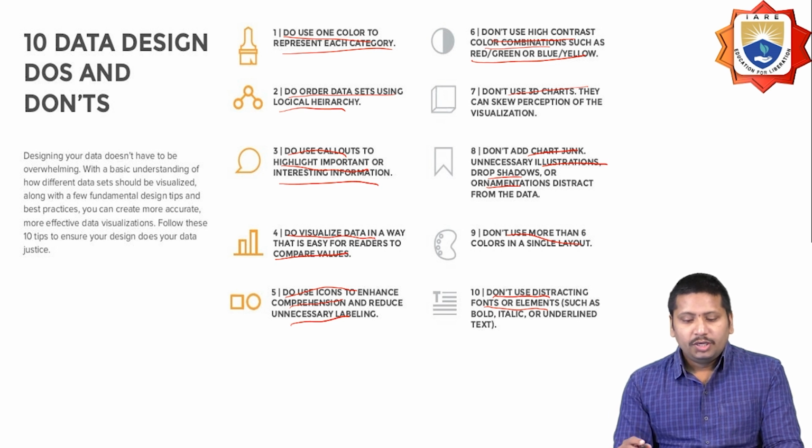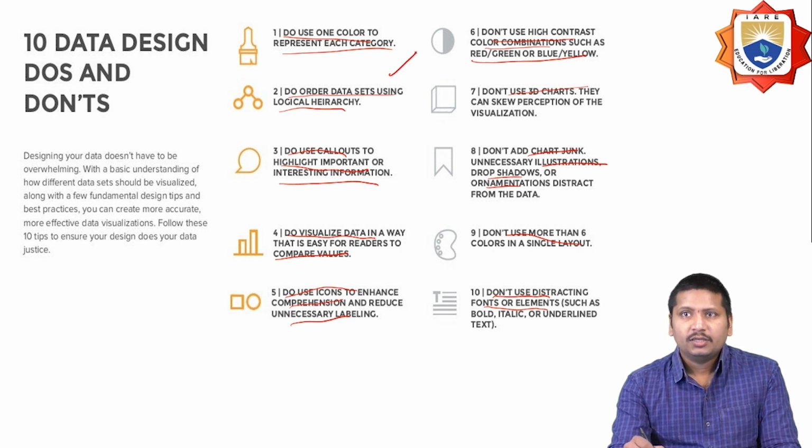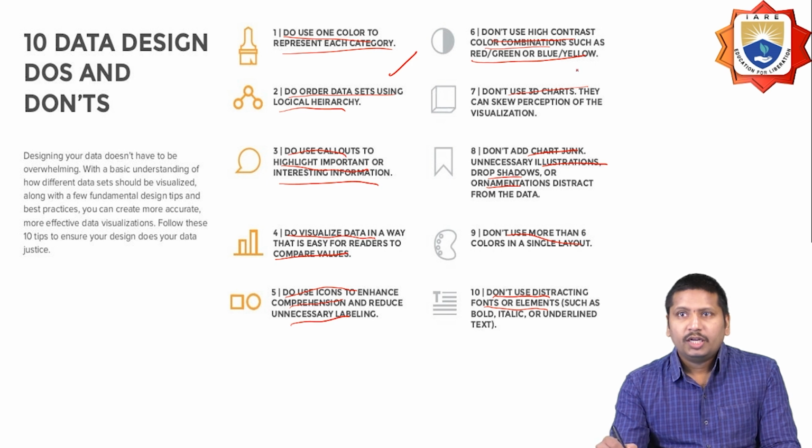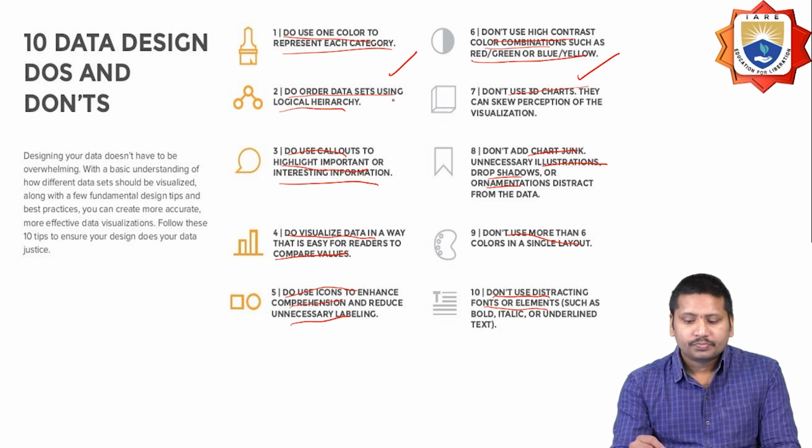So all the time we have to use a single color for representing each category. Don't use a high number of contrasting colors, such as red, green, blue, and yellow.